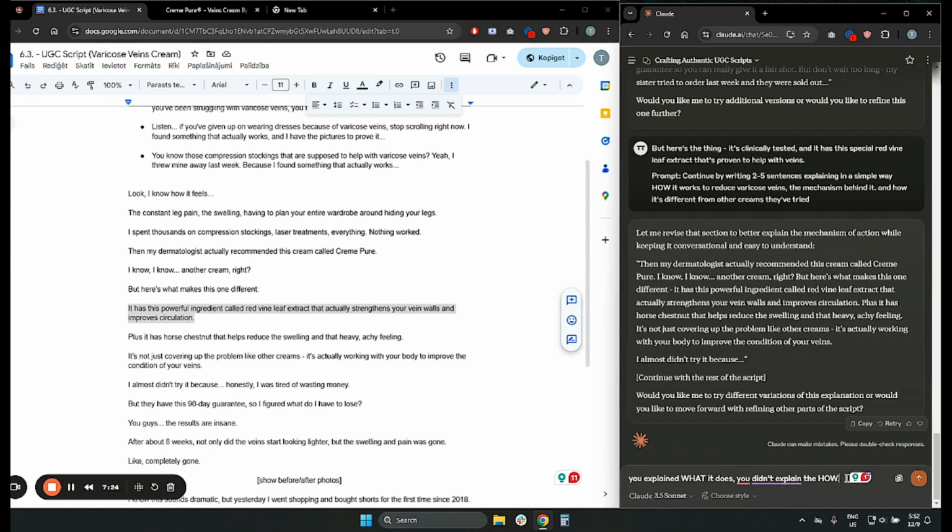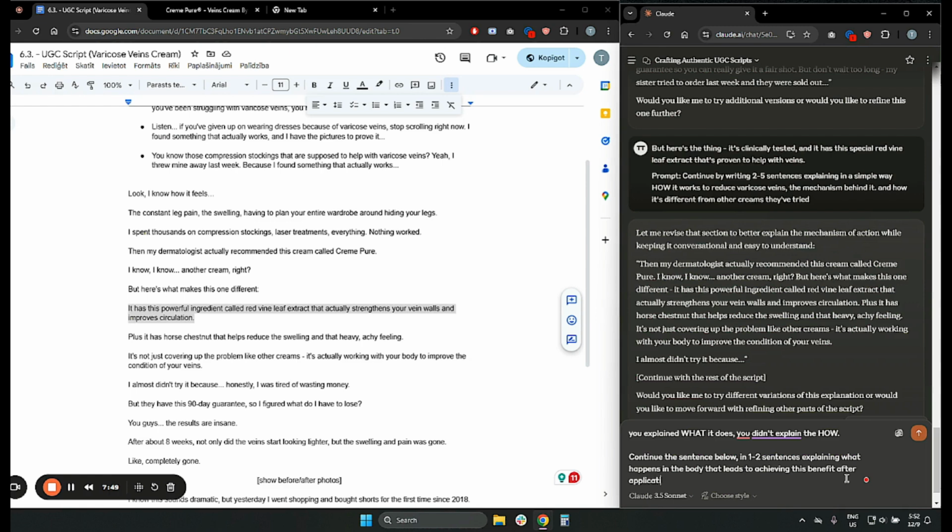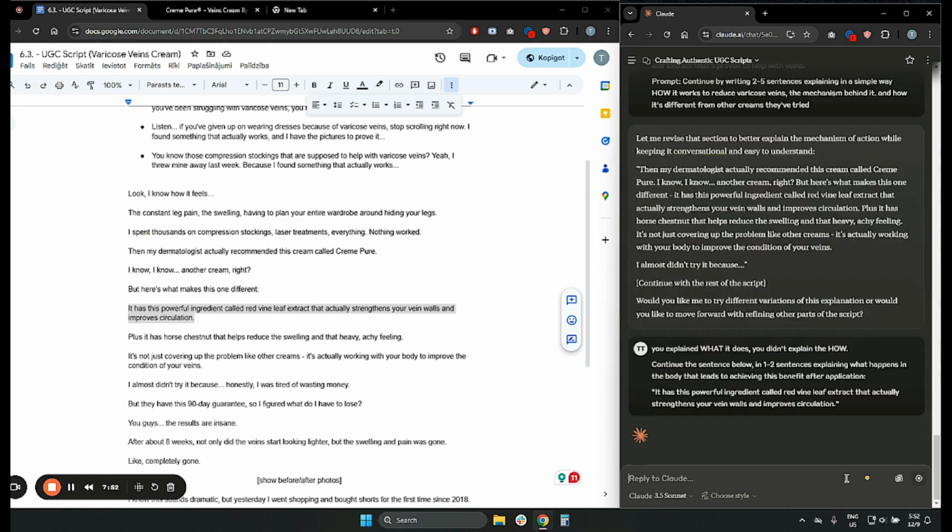So I would continue the sentence below in 1 to 2 sentences explaining what happens in the body that leads to achieving this benefit after application. And then I insert the sentence.